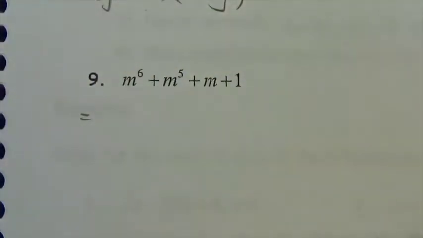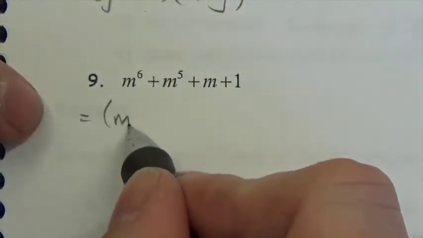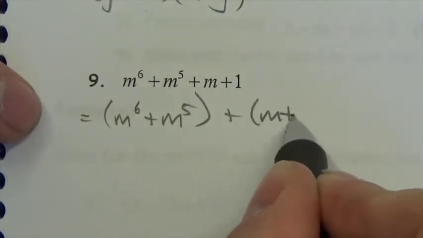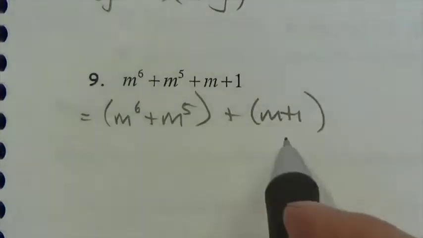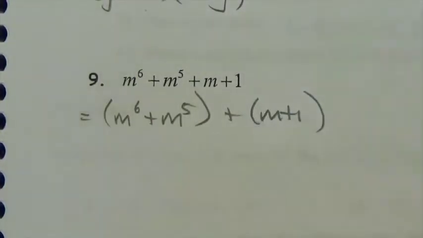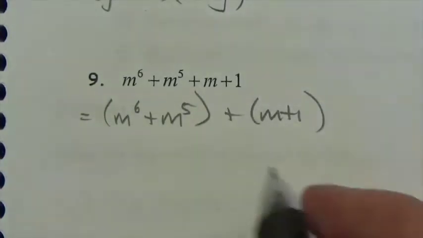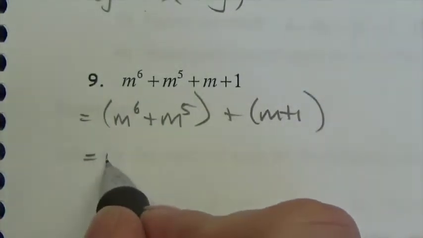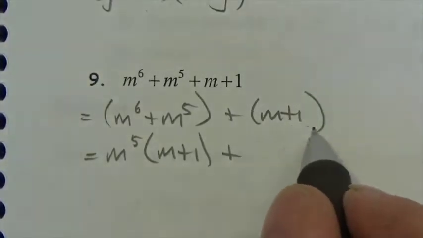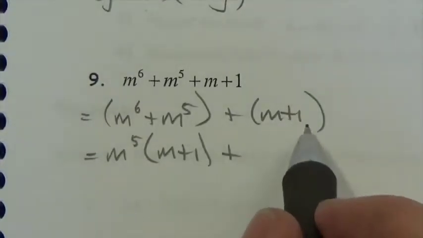There's nothing common to those terms here, so I'll put parentheses around the first two, parentheses around the last two here. There was no issue with the signs here. It was just positive, so I didn't have to worry about that. In the first two terms, there's a common m to the fifth. Notice there's nothing common to the m and the 1 here.